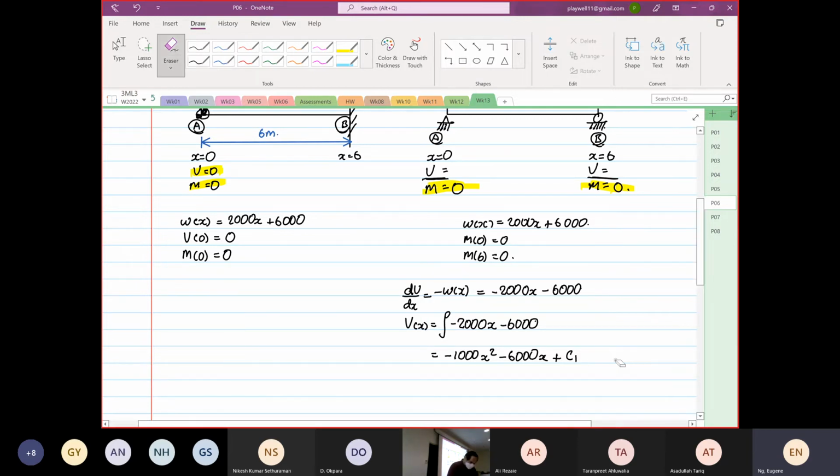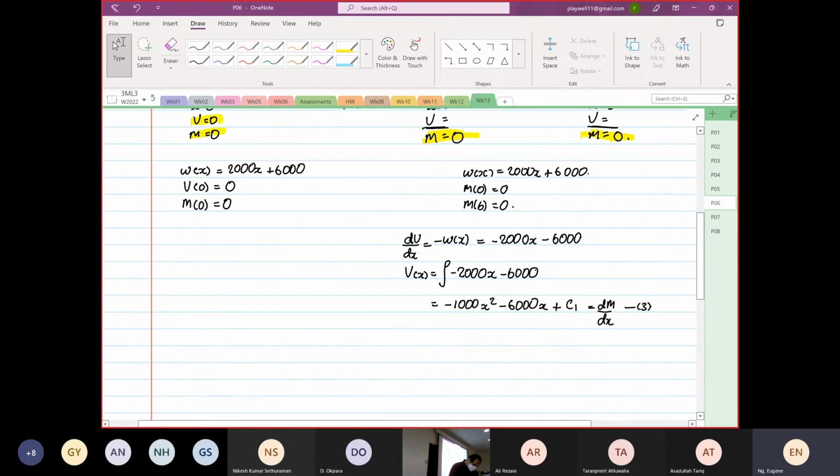So by right, I'm going to write this is equal to dM by dx. Next, we're going to integrate again. We're going to integrate minus 1000x squared minus 6000x plus C1 dx. I forgot my dx.